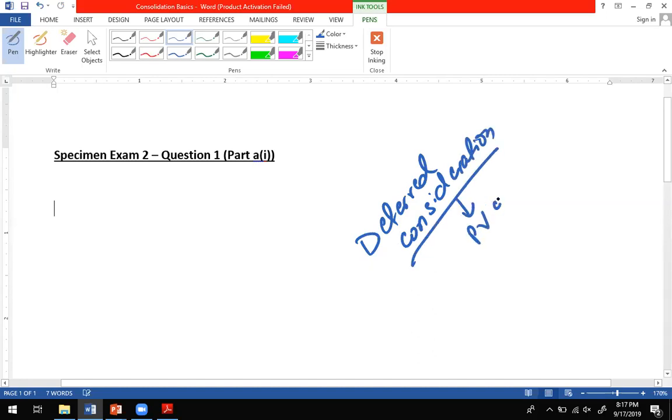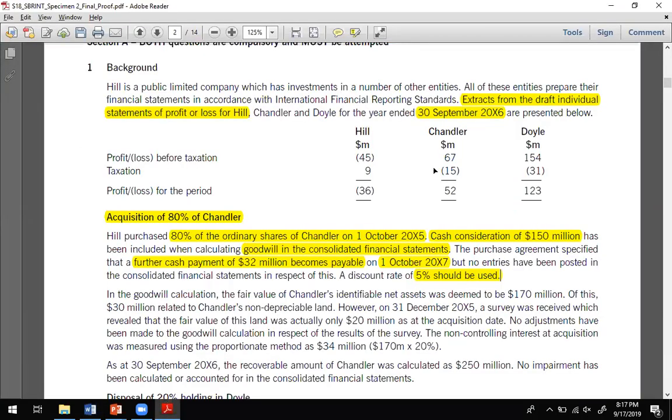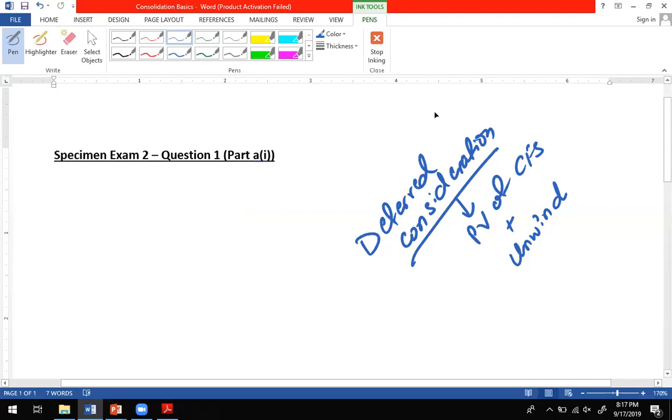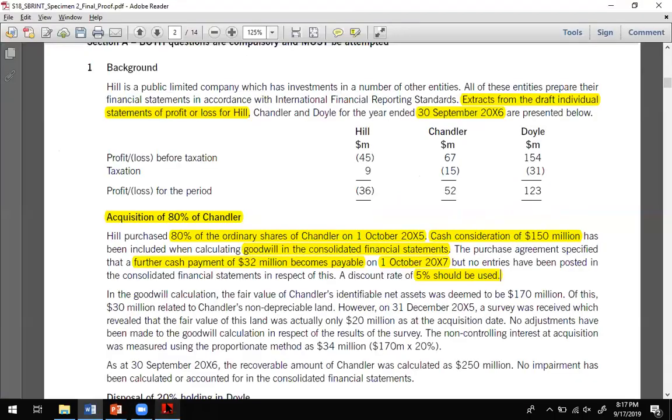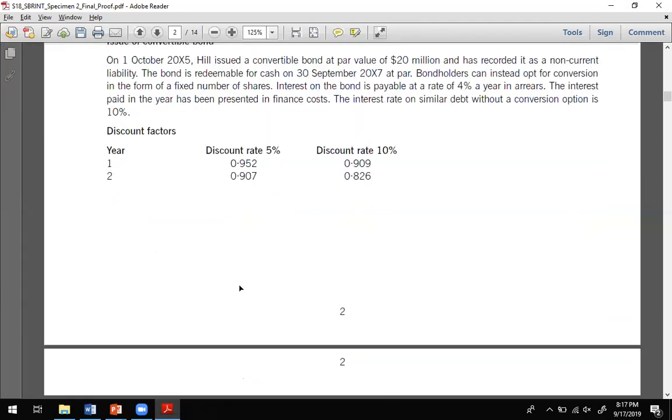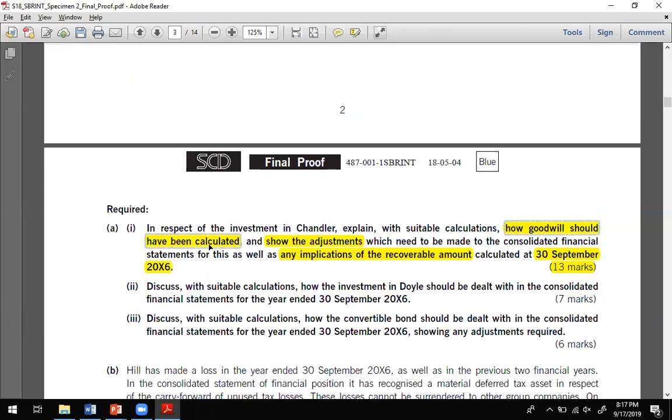At the present value of future cash flows, and whatever amount is calculated at the present value needs to be unwound at each year end. I hope you people are clear on this accounting, because this is what we have already discussed in the previous lecture, in day 1. Now, if I go back to the question, it was asking how the goodwill should have been calculated.